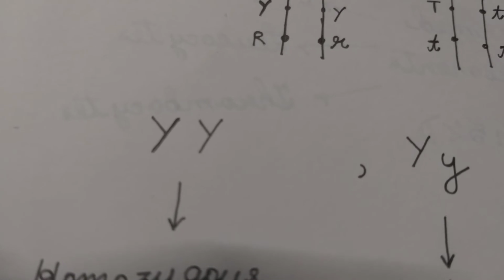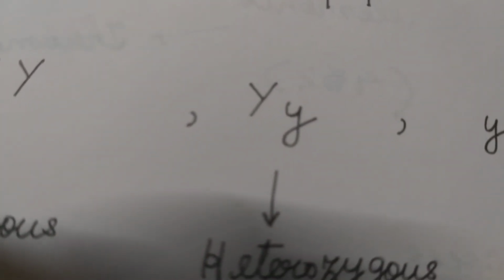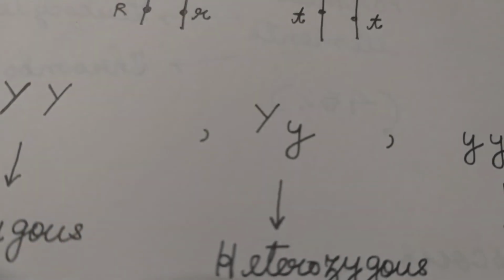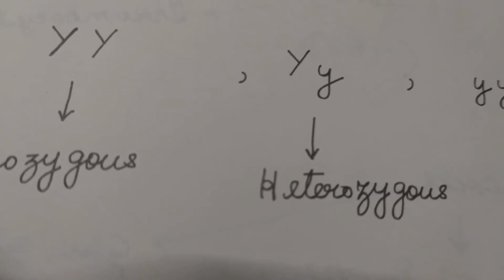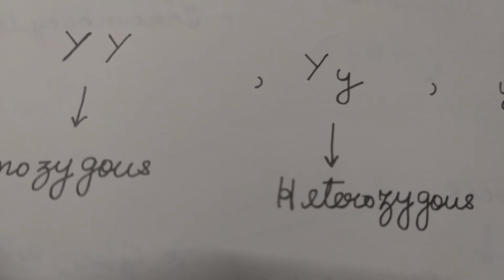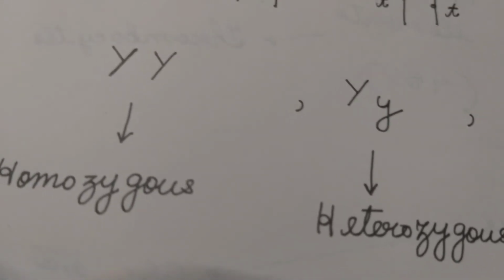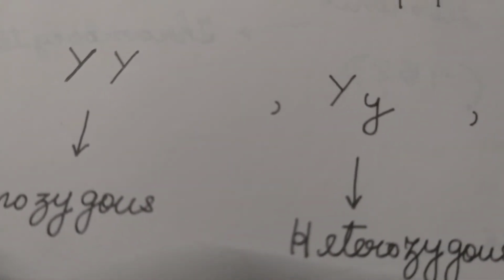If you consider only one character, color of the seed, you have to represent the plant by capital Y, capital Y. If the garden pea has yellow color, the two alleles responsible for color of the seed may be dissimilar, capital Y, small y, because in a pair of alleles, the alleles may be similar or dissimilar.